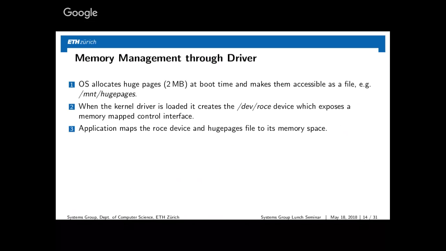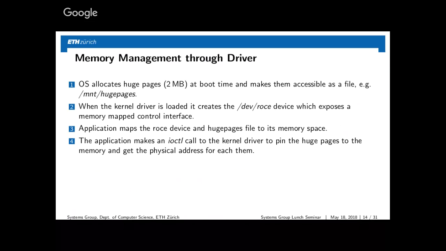And then when the application starts, it essentially maps both this huge page file and that device into its own memory space. And then it can make a call to our kernel driver to hand over all these 2 megabyte pages, and the kernel driver will then pin them, so they will always be available, accessible over DMA, and it will also give the mapping to physical addresses.